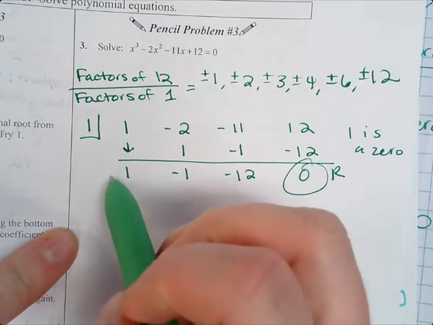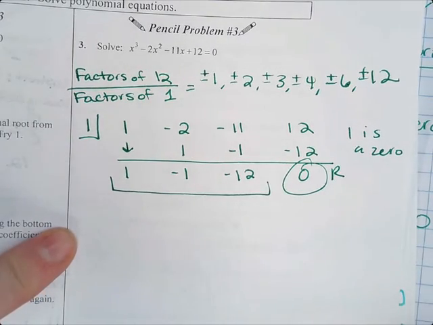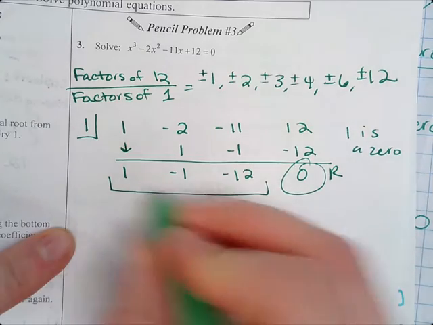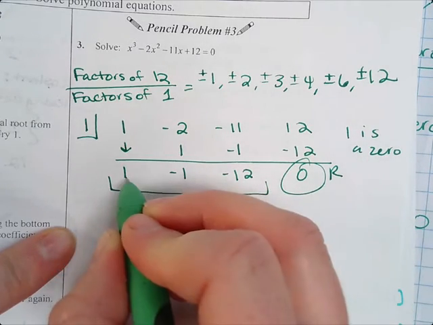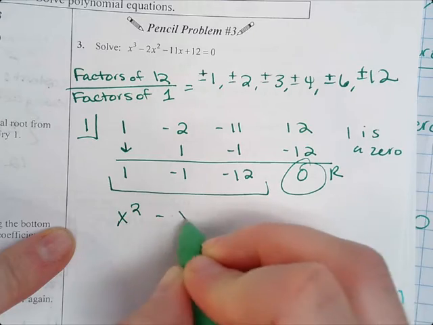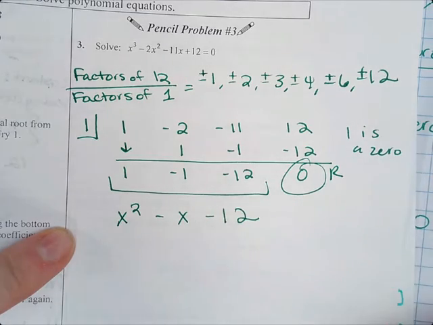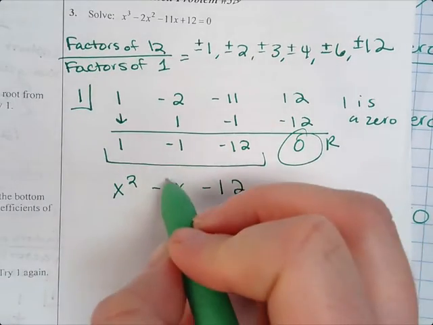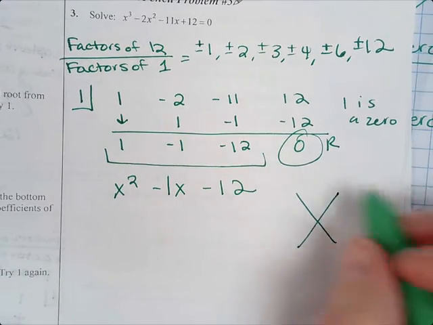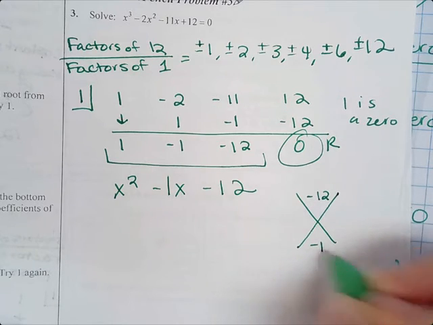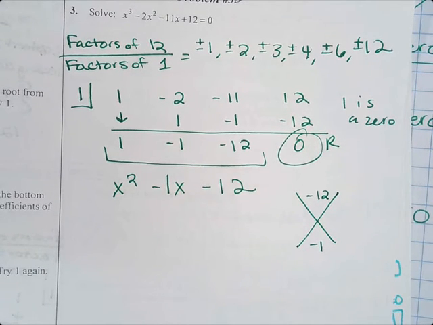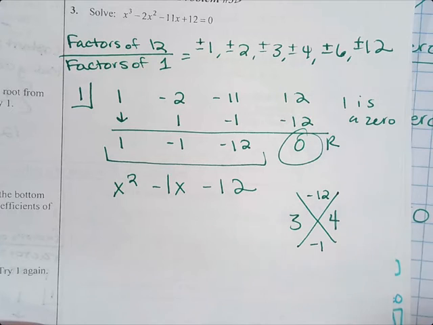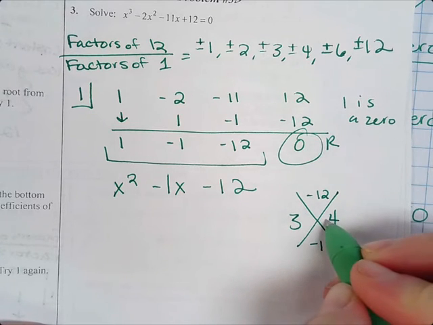So then what we could do here is look at this as another polynomial. This would be your constant. This would be your x. This would be your x squared. So x squared minus x minus 12. And we can see if we can solve this. So what has a product of -12 and a sum of -1? 3 and 4, right? The bigger number would have to be the -4.